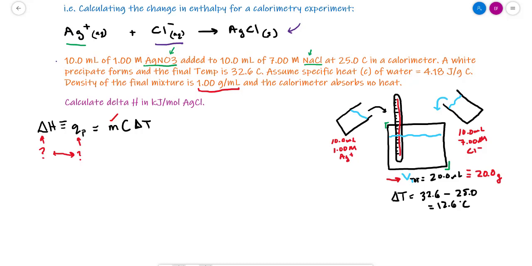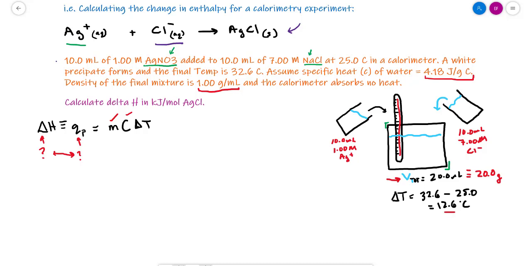Instead of dealing with the specific heat of this whole solution, which contains silver, nitrate, sodium, and chloride, we're just going to assume it's pure water, because water has a really well-known specific heat capacity of 4.18 joules per gram per Celsius. So in this case, yeah, we know the specific heat.